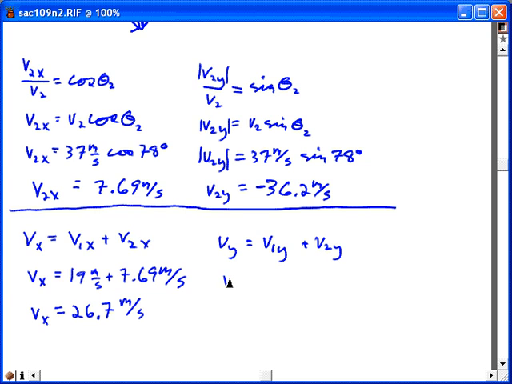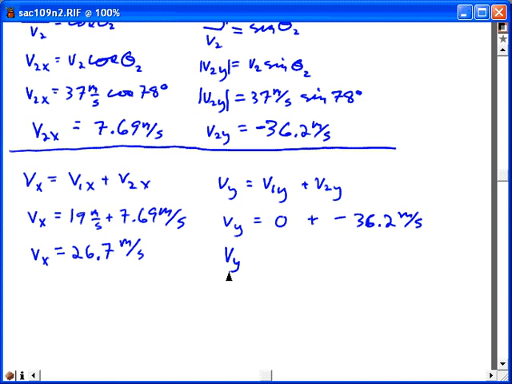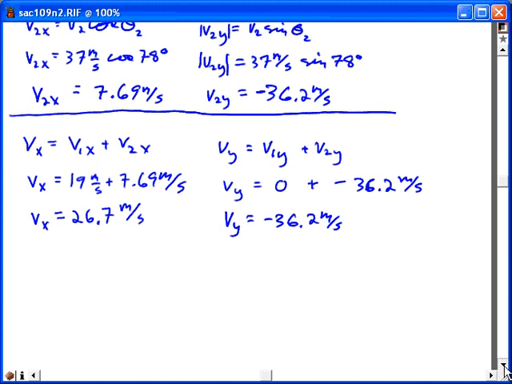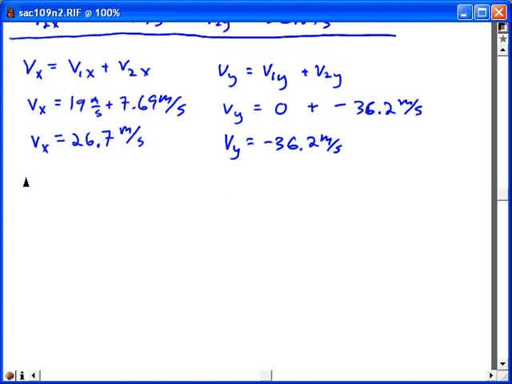Remember, v1 was strictly along the x direction, so we found 0 for v1y and a minus 36.2 meters per second for v2y. So Vy is just minus 36.2 meters per second. Now we've got the components of the resultant vector.